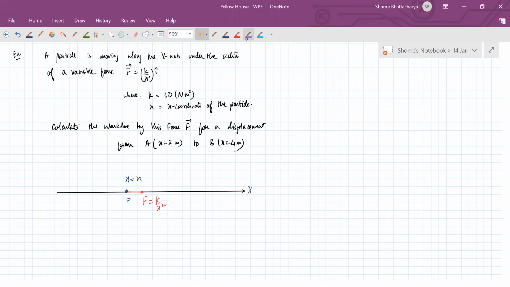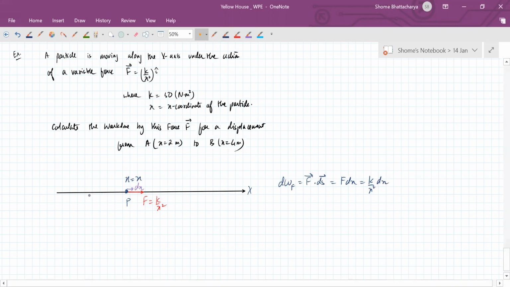Okay. So now, if it makes a small displacement along this direction, you can see that the differential work done by that force will just become f dx or k by x square dx.